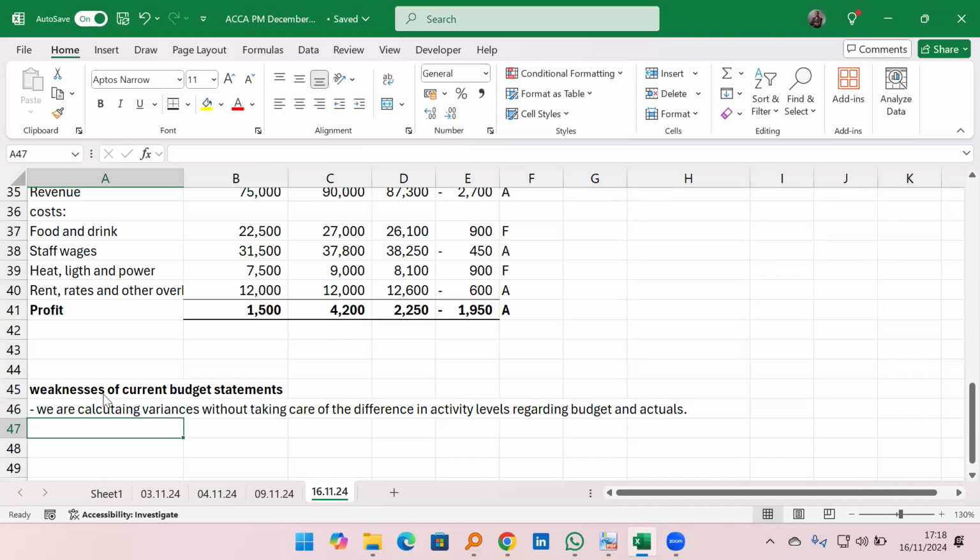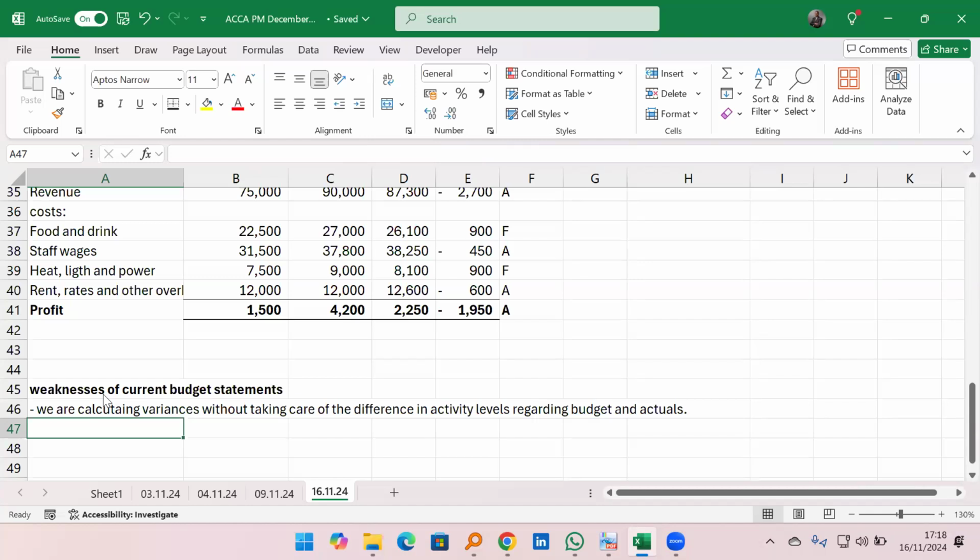Okay, that's the first weakness, because it means that basically you want to reward someone for something that they didn't really put as much effort themselves. So we are not flexing the original budget.